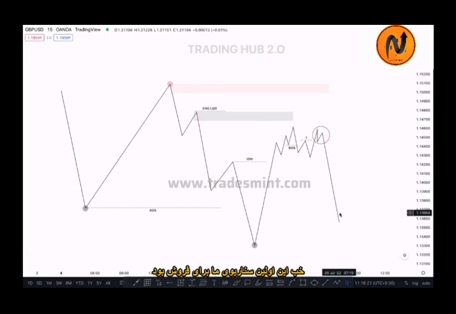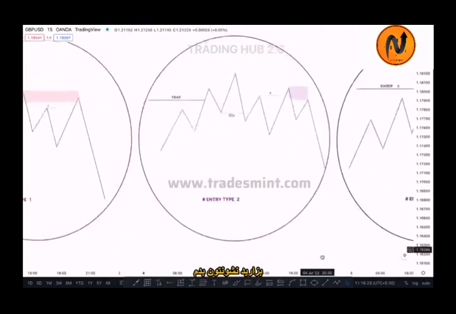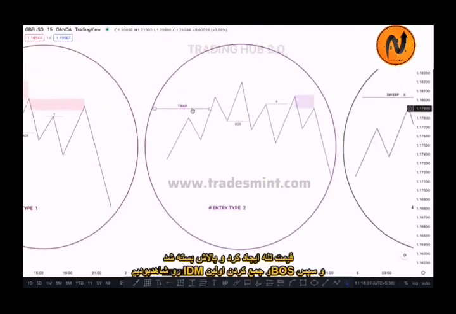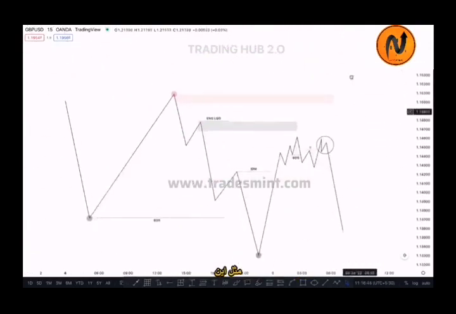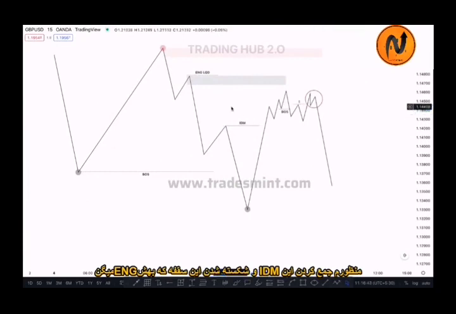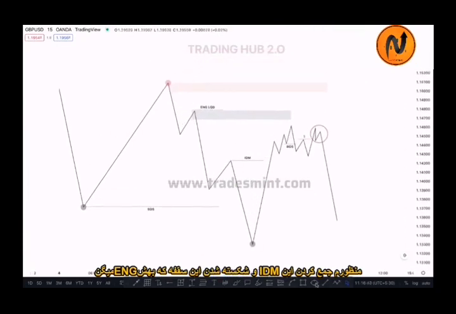The market breaks the structure, takes out the minor inducement, and then we look for a sell, and we can continue to stack the position. So this is our first scenario when we can sell, and this is called entry type 2, as I mentioned here. The market traps and closes above it, then break of structure, takes out the first minor inducement, and then we can continue to sell. This applies when the market breaks the structure and closes above it like this, meaning it takes out the inducement and takes out the high.